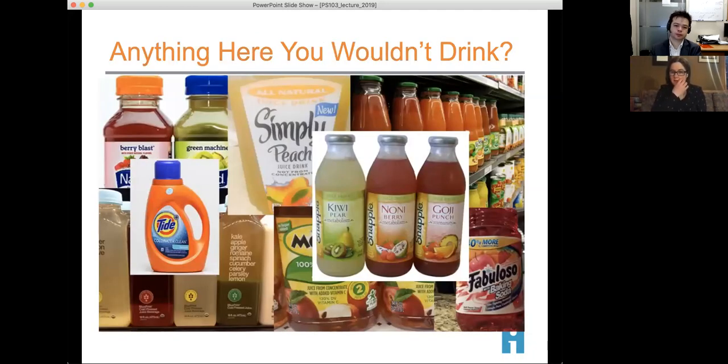Cool. So is there anything in these pictures that you wouldn't drink? There's a whole variety of things here. Can people on the chat maybe write the name of the bottle that they would not drink? Takes a couple of minutes for the chat to activate.